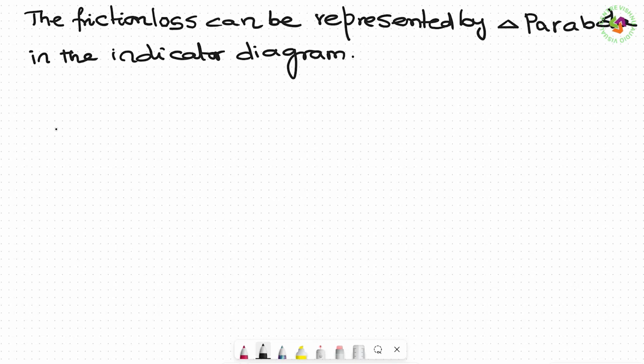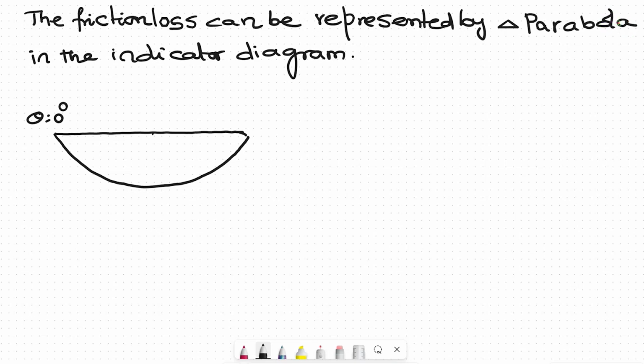That means during suction stroke, this is how the loss will be. This is theta is equal to 0 degrees, this is theta is equal to 90 degrees, and this is theta 180 degrees. And this is the friction loss during suction stroke. And this length is the length of the suction stroke.